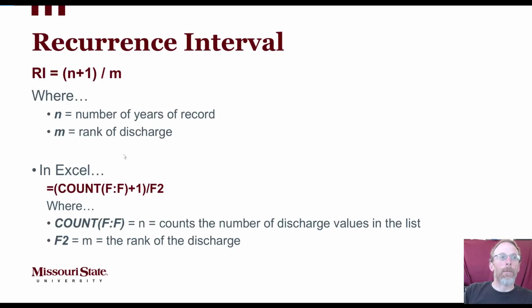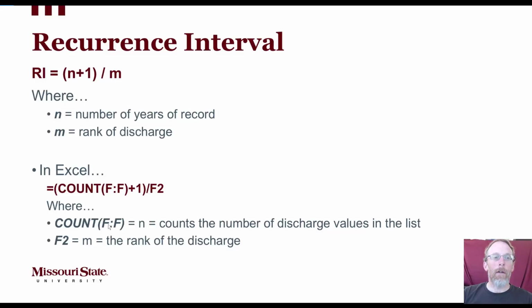and the result of that function will be the recurrence interval for that second largest event. In Excel, we're going to do this with a function that uses COUNT(F:F) plus 1 to determine n plus 1. What the COUNT function in Excel does is count the number of discharge values in the list. It will ignore any non-numerical values in that column or in that array range.